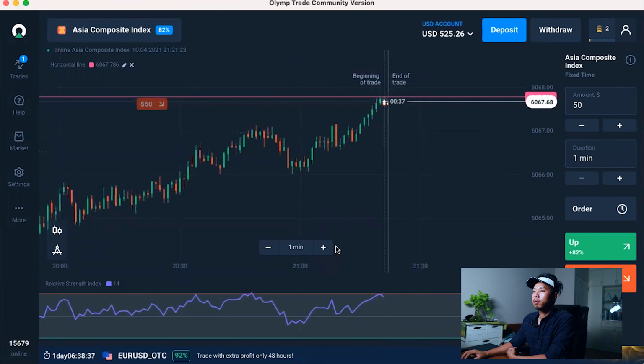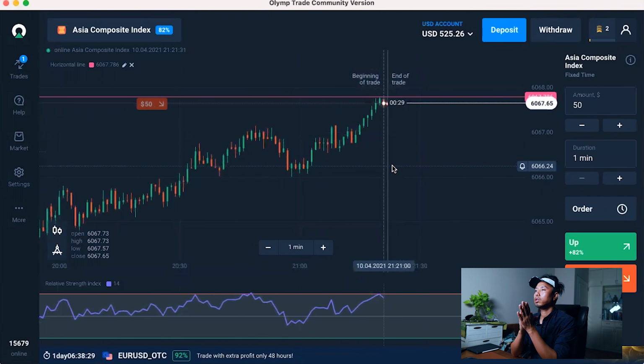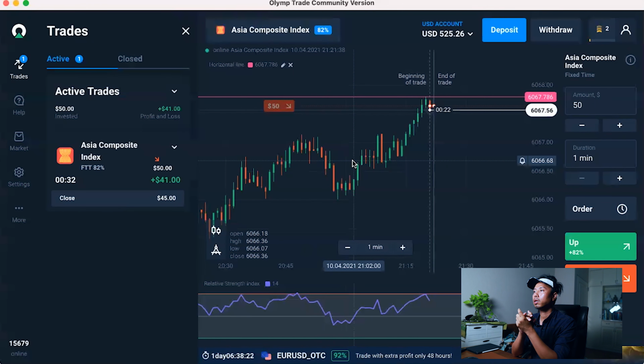Are you coming? Because if we wait for this one to get even higher, it's not going to be a divergent signal anymore. So I'll just get my entry around there, and it will be closed in 30 seconds. I hope for this to get even lower than this one.